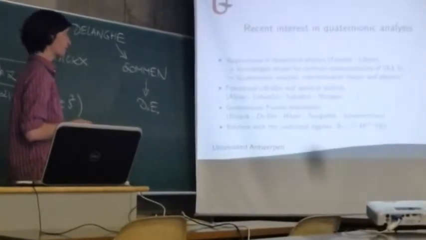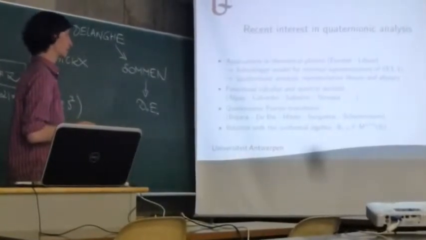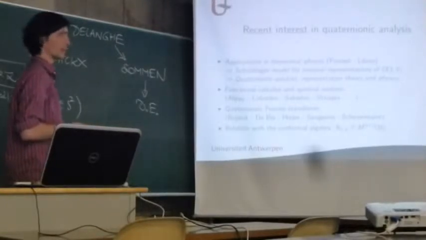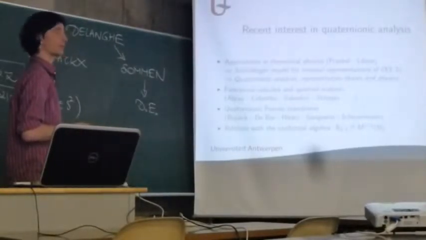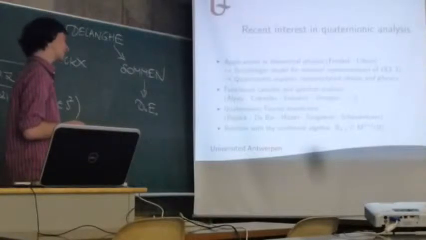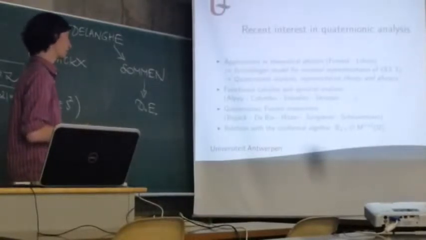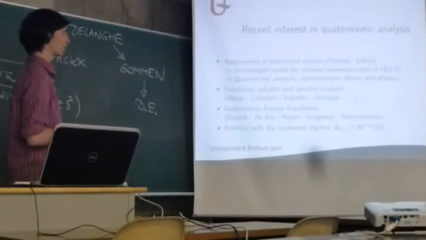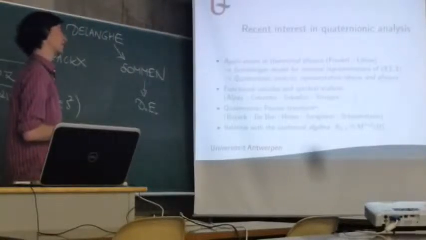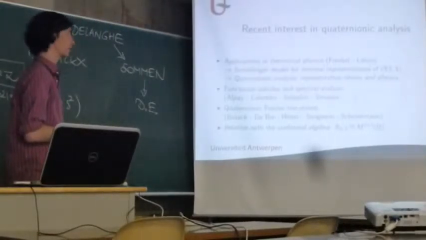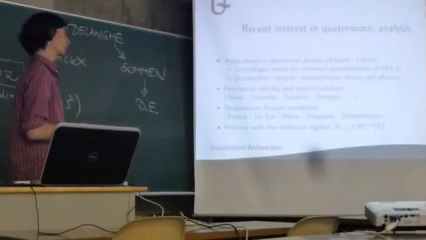There's a whole business on functional calculus and spectral analysis. That is the Italian school, I'd say, Colombo, Sabadini, Struppa, they initiated. Alpay recently, and then many other people. Quaternionic Fourier transforms, that's another field in mathematics where quaternions pop up.